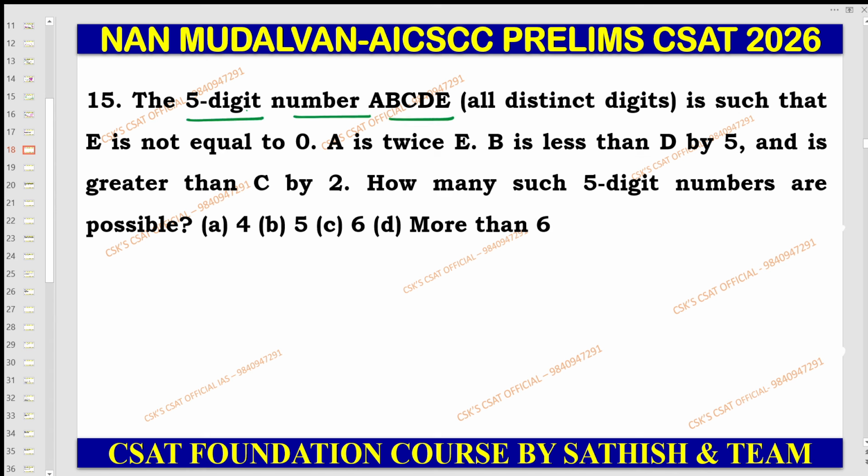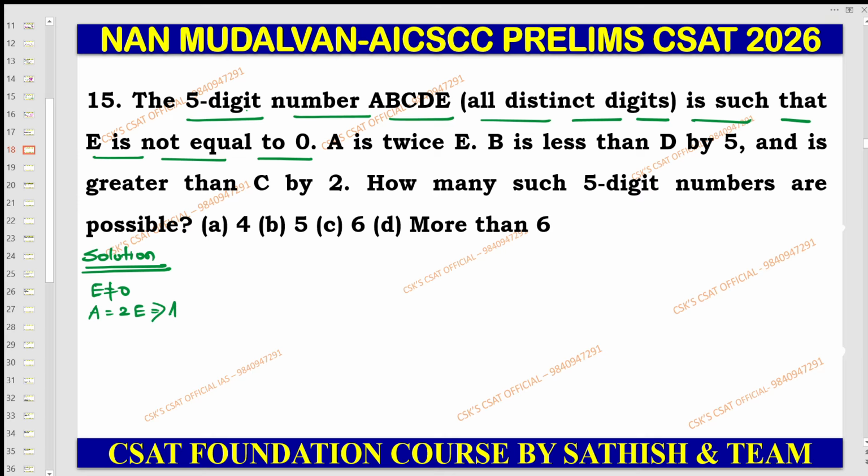A 5-digit number abcde, with all distinct digits, is such that e is not equal to 0. A is twice the e. If e is not equal to 0, it implies a is not equal to 0. Please understand the logic. Next step, all are distinct, so any digit from 0 to 9 is possible.